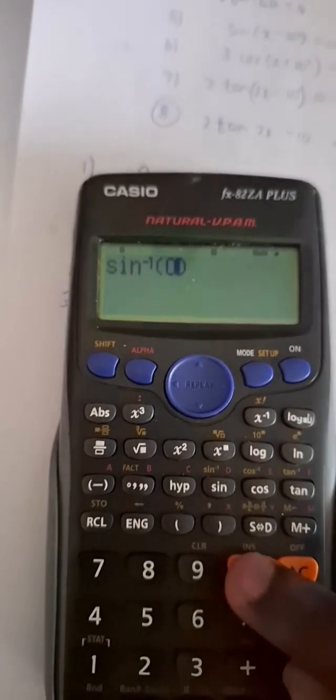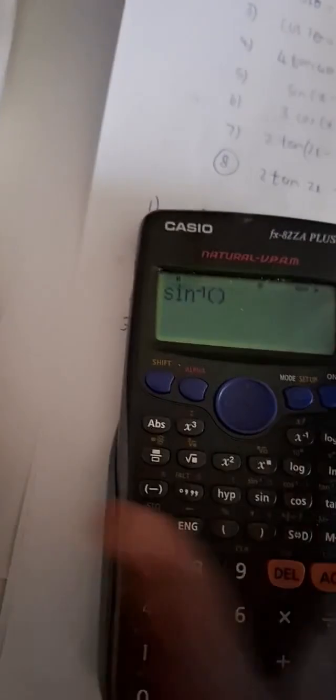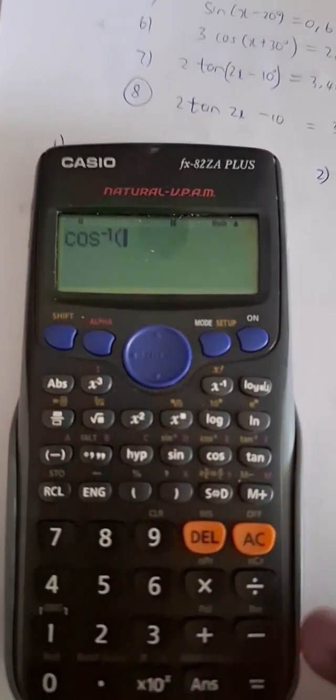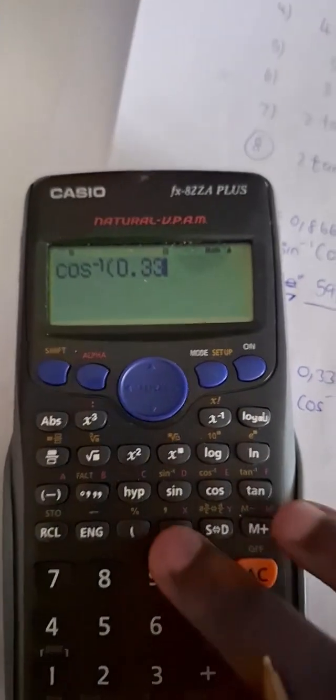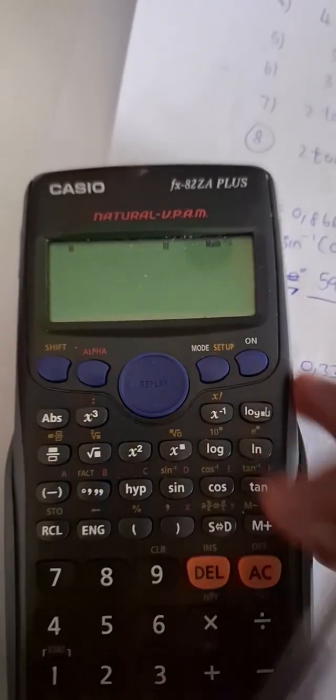So let's just remove this that we have here. Then we say shift cos, 0.33, close the brackets, we get that one, 70.73.